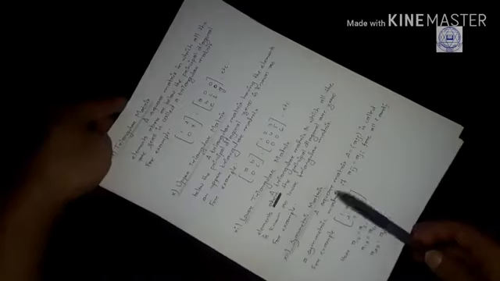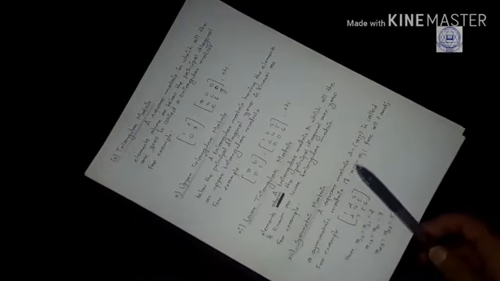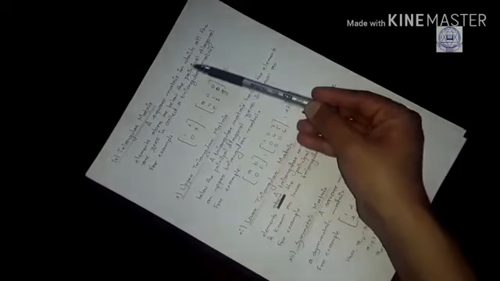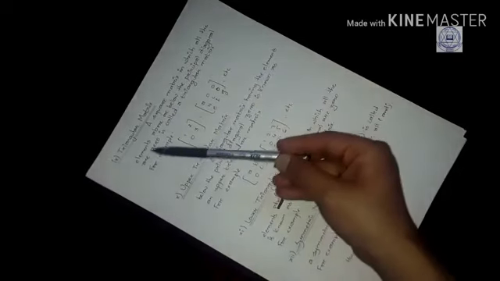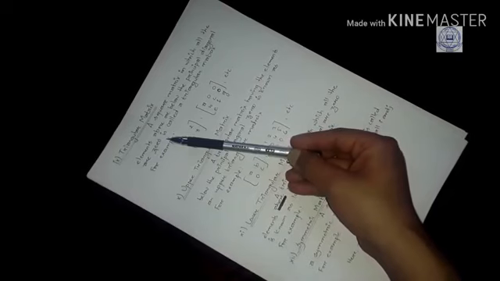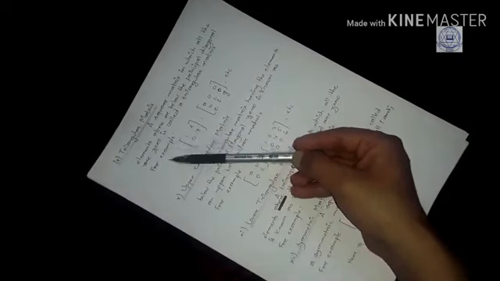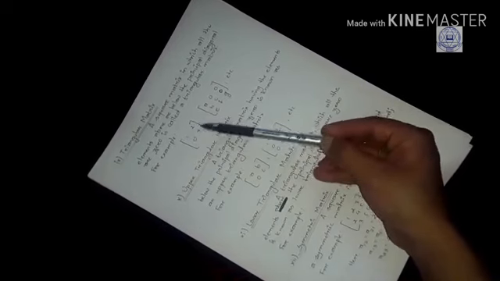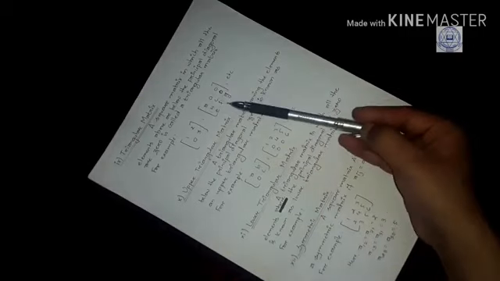Now the ninth matrix that we are going to discuss is the triangular matrix. A triangular matrix is a square matrix in which all the elements above or below the principal diagonal are 0. Example, you can see here, this is a square matrix. See, the number of rows and number of columns are equal.